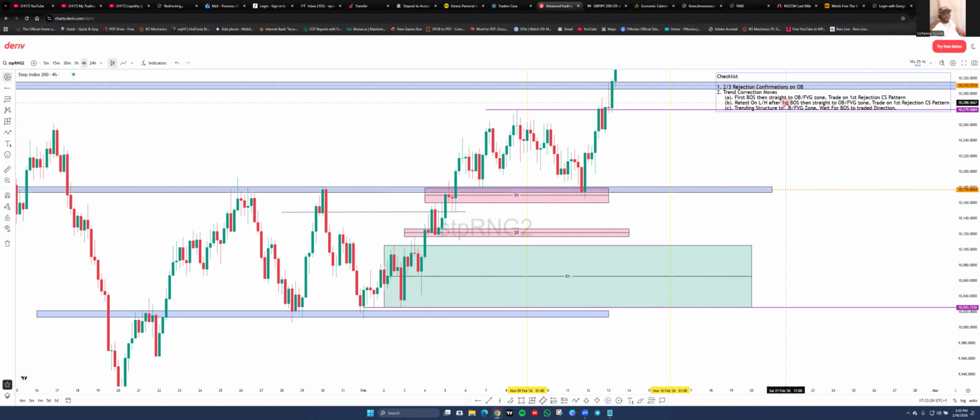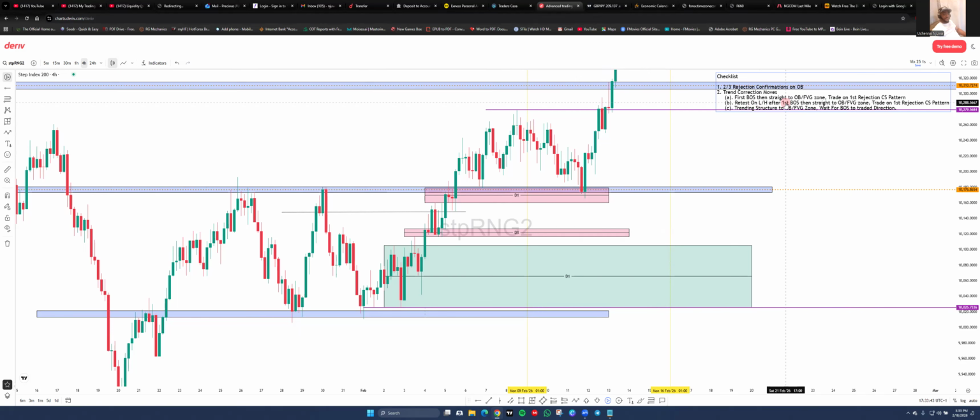This can also happen. The market can also trend there and then give you a rejection candlestick pattern and leave that place. So it all depends on how you see it.